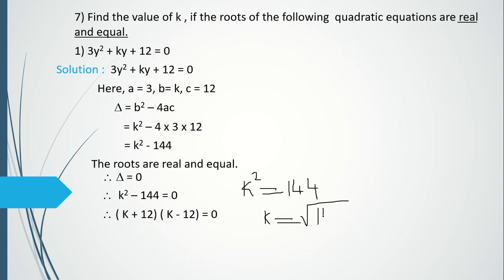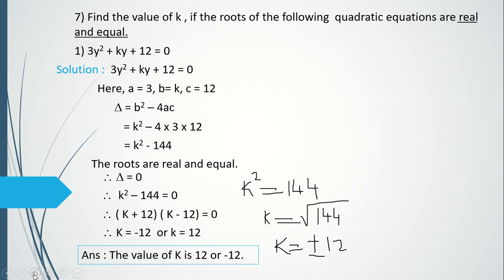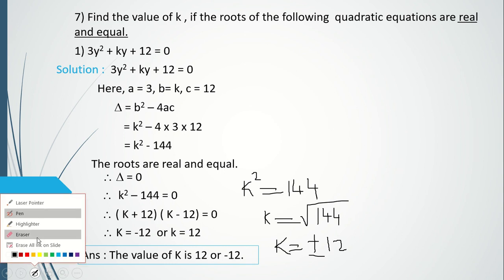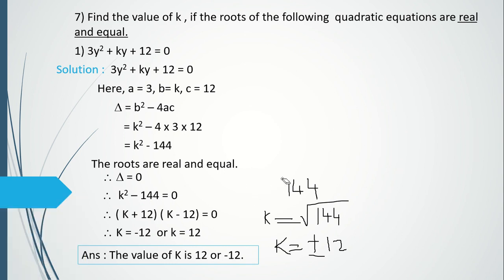You must know all the methods of doing. Now root 144 is going to be plus or minus 12. This is the answer. Or here I have used the formula a square minus b square, so that is k plus 12, k minus 12. So the value of k is minus 12 or plus 12. Hence we got the value of k here, 12 or minus 12.